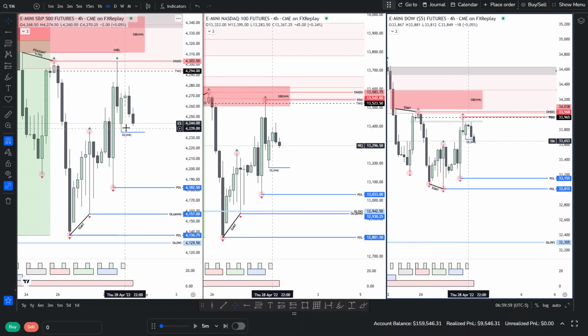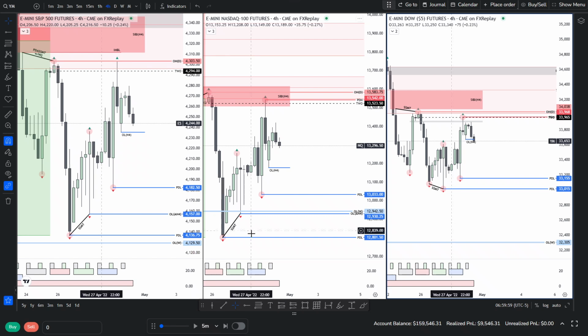So we've got this gap, which is the new day opening gap if people utilize that. I personally don't per se, but people do. That candle hasn't completed, so we don't want to mark off that swing high yet, because it may not be one.